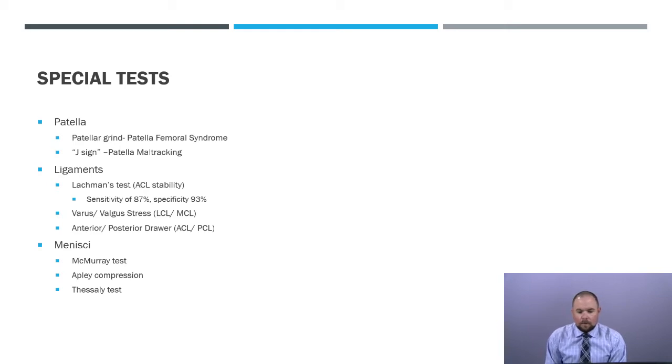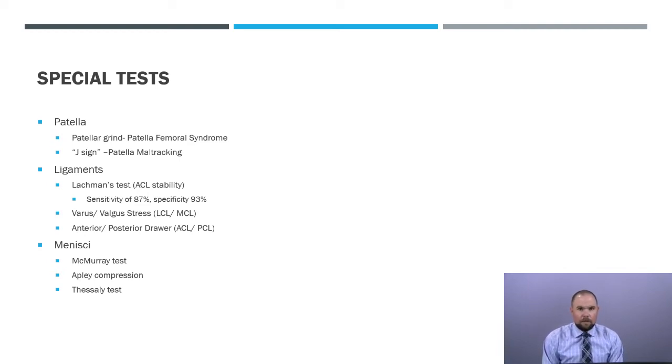And then for the medial and lateral collateral ligaments, obviously the varus and valgus stress testing. Meniscus, there's several tests you can do to evaluate this. McMurray's test is where you have them lying supine. I flex the hip up, and then I will basically try to pinch the meniscus by internally and externally rotating the foot and then extending the leg.